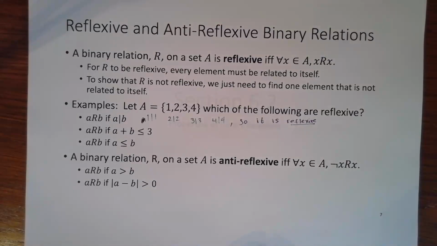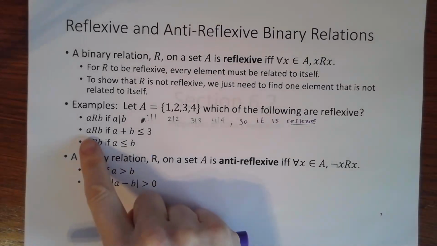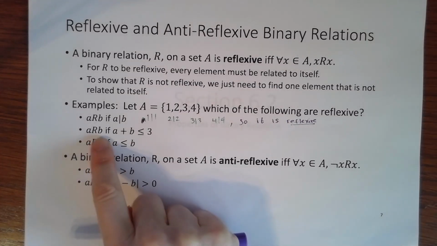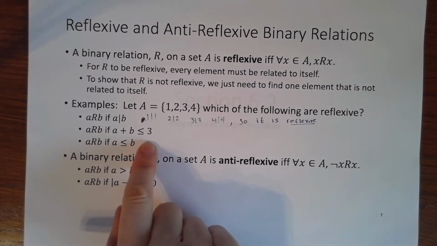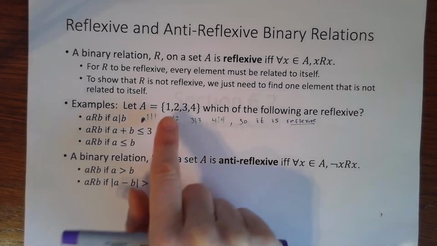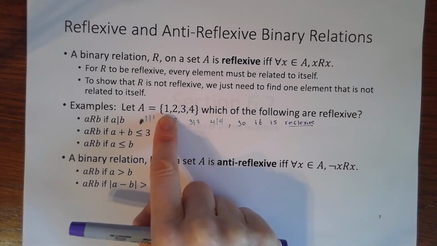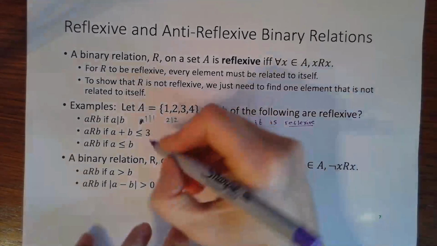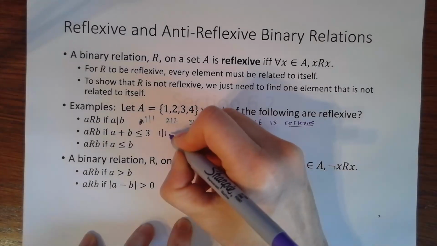So let's say the next relation. Element A is related to element B if the sum of A and B is less than or equal to 3. So is 1 related to itself? Sure, 1 plus 1 is 2, which is less than or equal to 3. So 1 is related to 1. That works out.